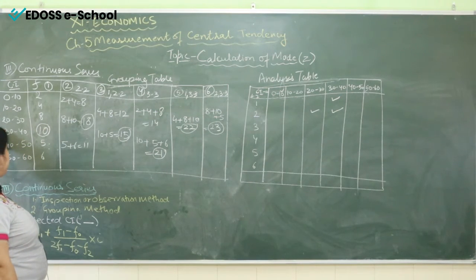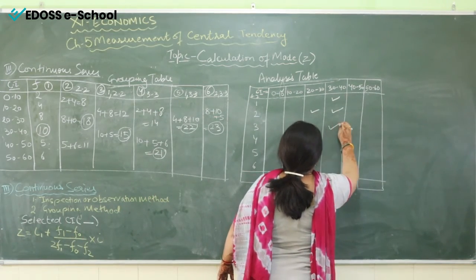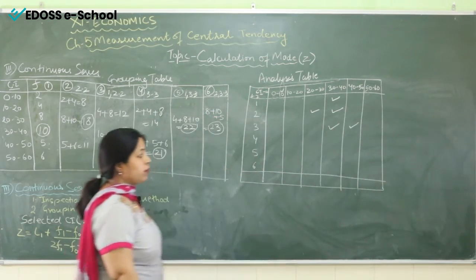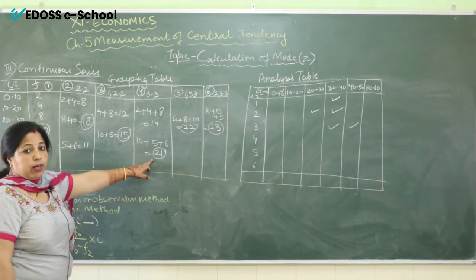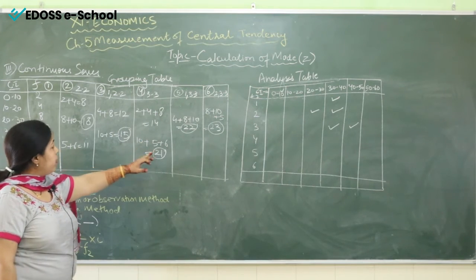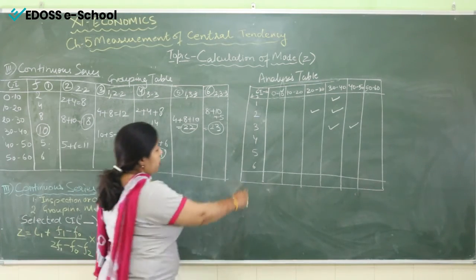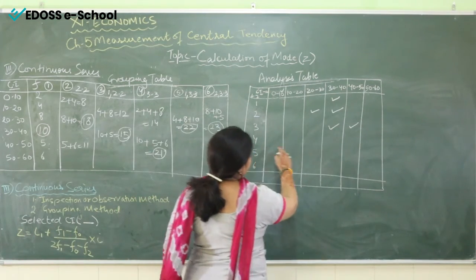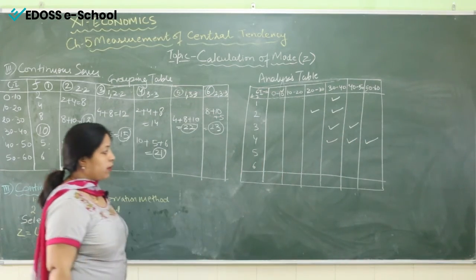Class interval comes to be 30 to 40 and 40 to 50. Coming on to the fourth column, 21. It is the addition of 10, 5 and 6. So the fourth column is 30 to 40, 40 to 50, 50 to 60.